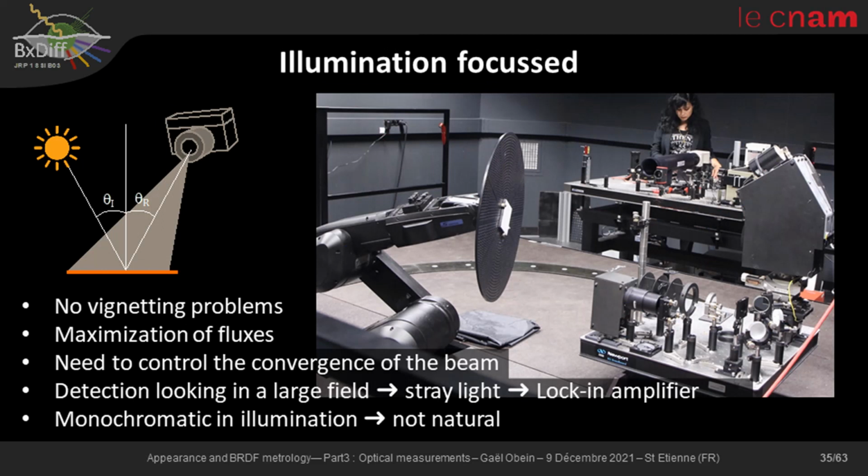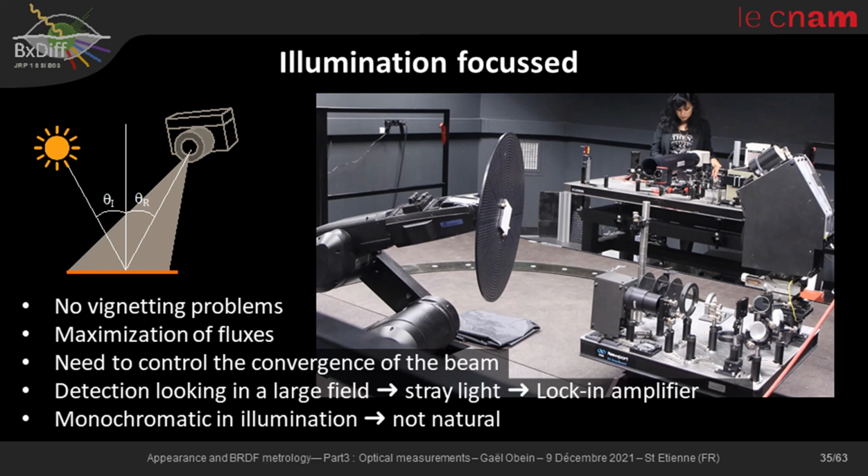One problem is that you need to control the convergence of the beam. This is because when you try to make the direct measurement, if your beam is diverging much, it will enter the detection. What is not good at all is that you are looking in a large field, so you collect all the light.